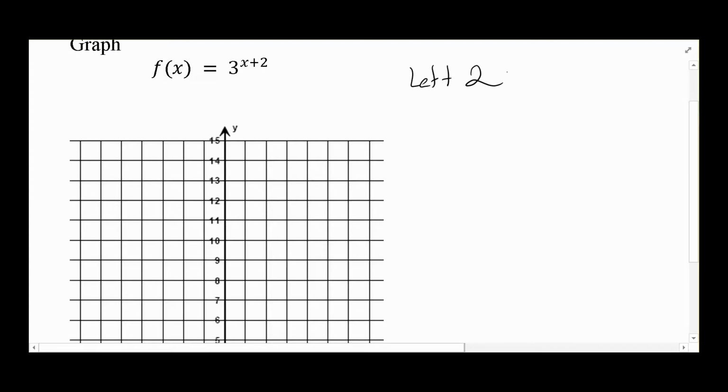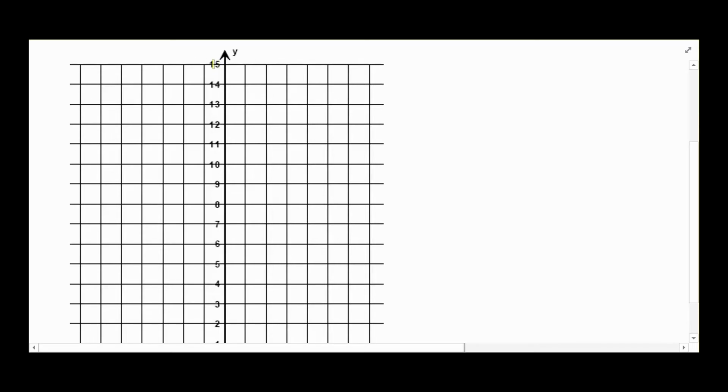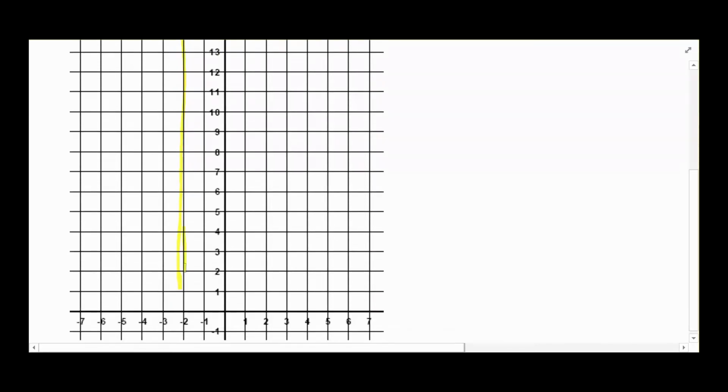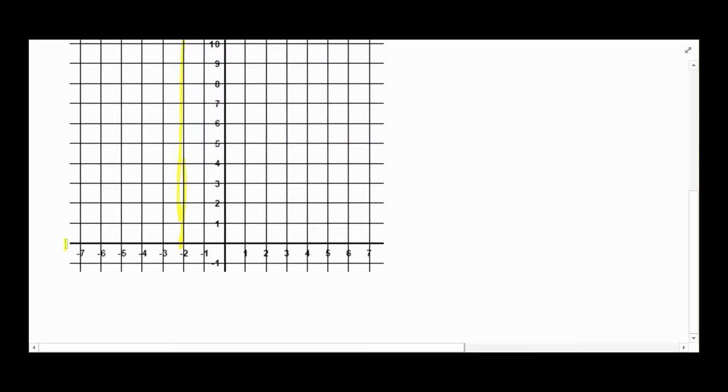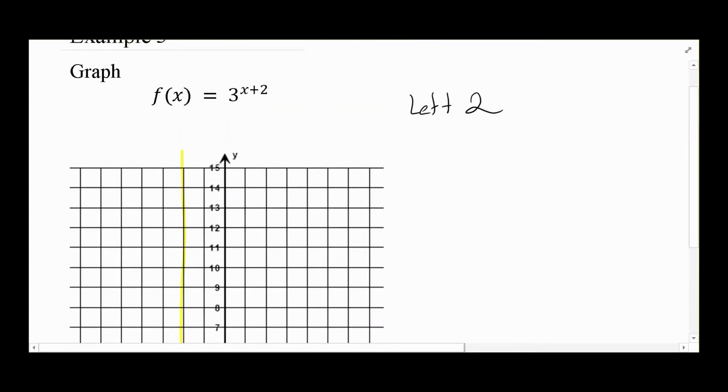So what I want you to do when you're faced with a shift like this is I want you to say, if I'm going to shift to the left 2 units, let me take my entire axis and shift the axis to the left 2 units. So that now what I have highlighted in yellow is my new x and y axis. Now my x-axis didn't shift at all, but now the y-axis shifted to the left 2 units.